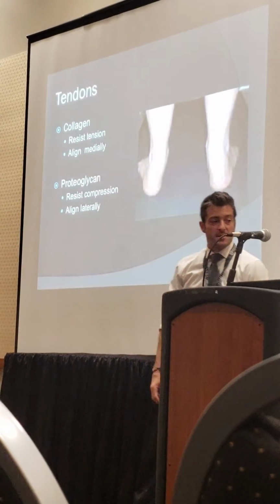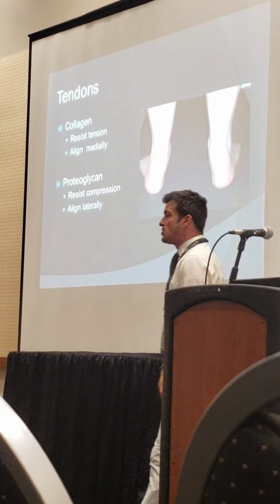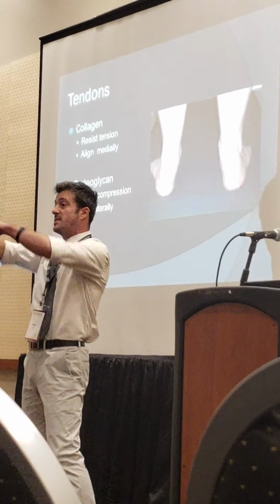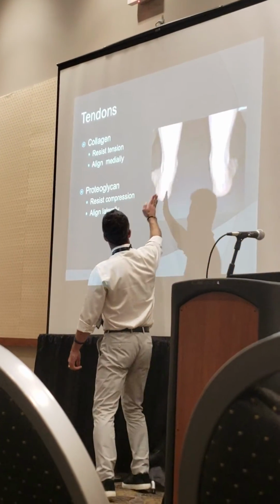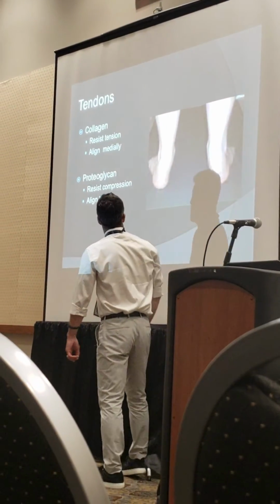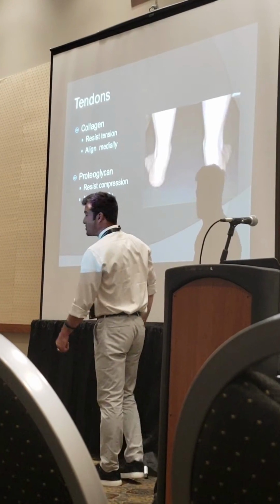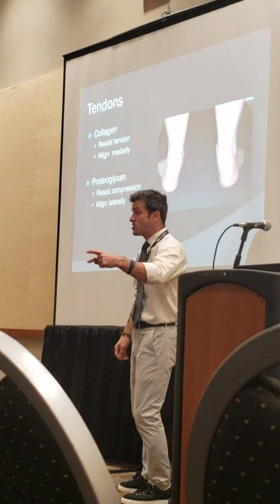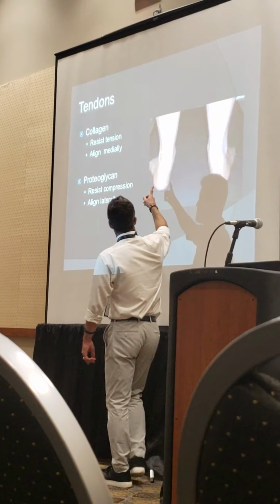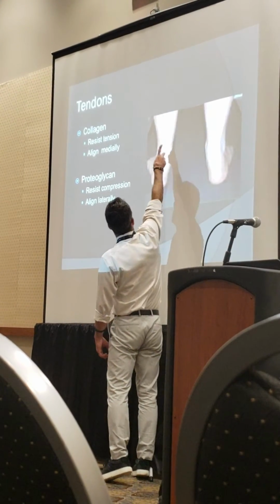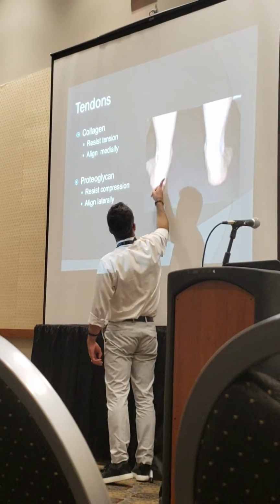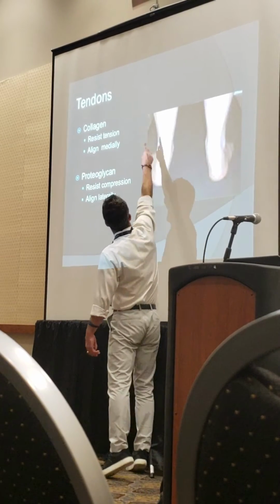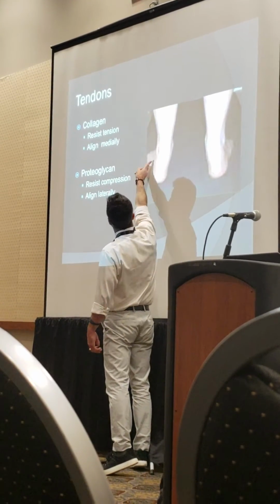And what happens is that Achilles tendon goes through 2 different forces. First of all, the Achilles tendon, you can see, bends, right? But what happens when you bend something is it's a combination of 2 different external forces. When I bend something, this side of the material is going to go through tension, while this side of the material is going to go through compression.